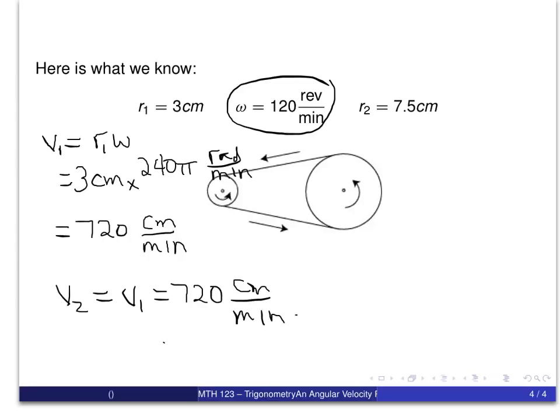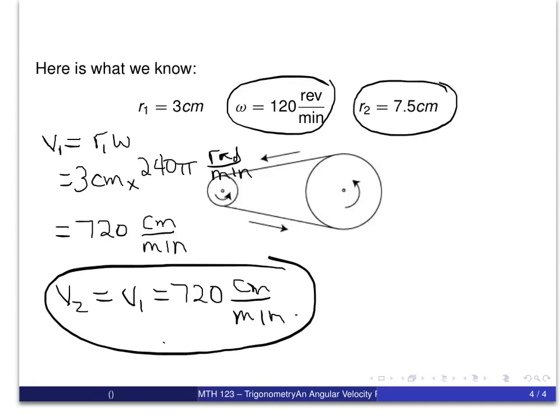And now we can go to work and find the angular velocity of the larger pulley. As we can see now, for the larger pulley, we have a radius and a linear velocity. And we can use that information to determine the angular velocity of the larger pulley.